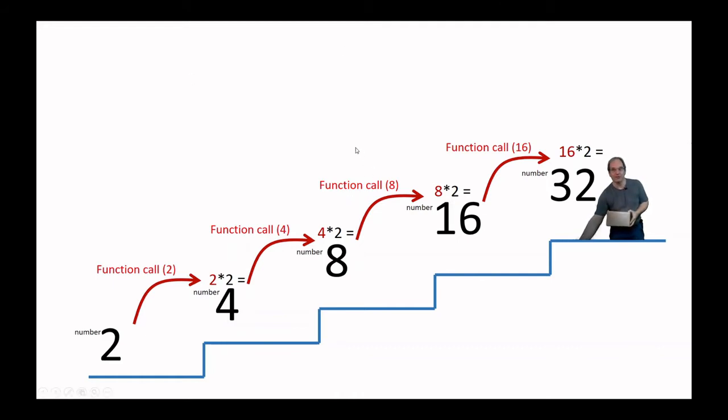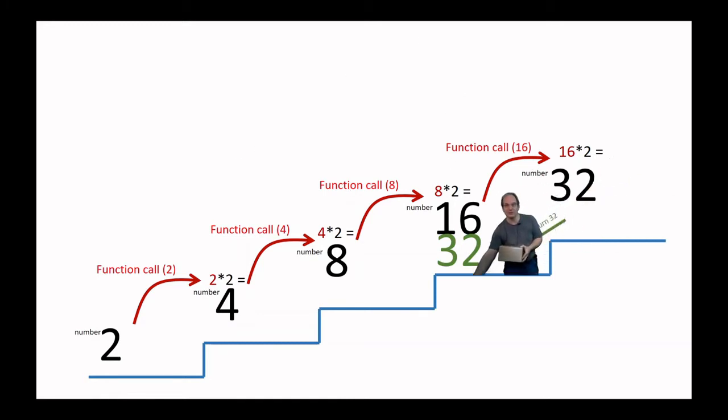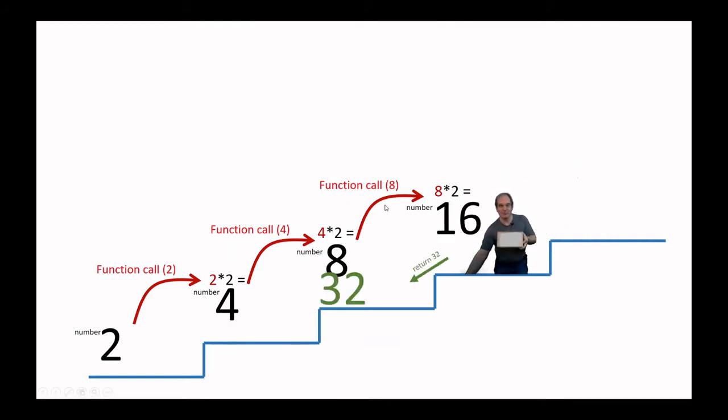So I return now a value. So for example, here I return the 32 at this level. So I take it with me. Only things which I take with me, so which I return from the function, will be available in the lower steps of my staircase. So if I do this again, I have to take my bag again, or my package again, back to the next level.